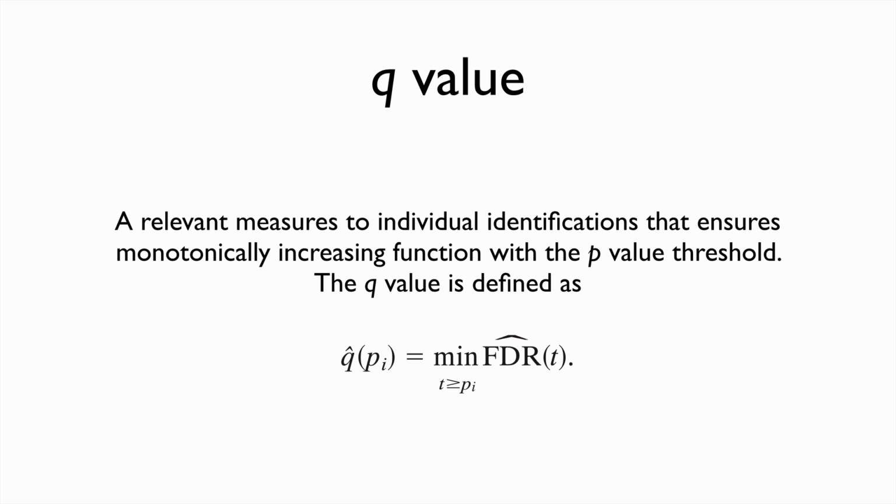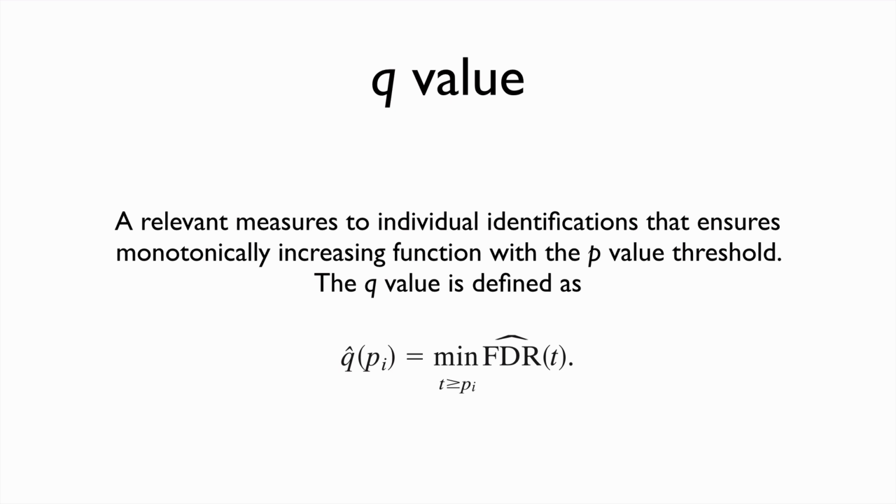Furthermore, they go on to define what you call a Q value, and this is a way to assure that each individual measurement can get a false discovery rate of its own. This is a particular problem when we want to build up thresholds, because often we want an individual threshold that's increasing with the score.